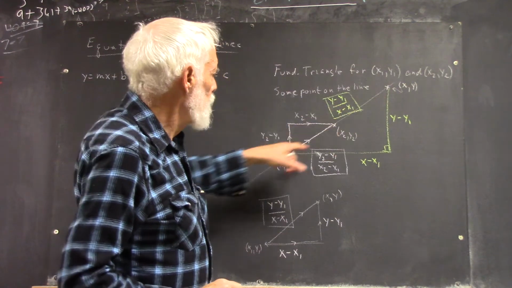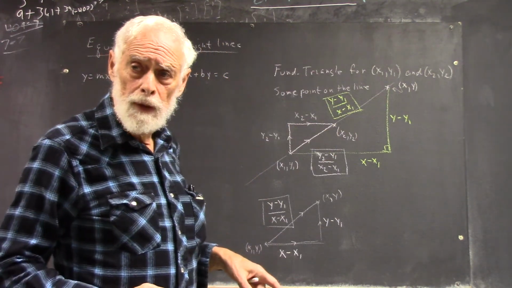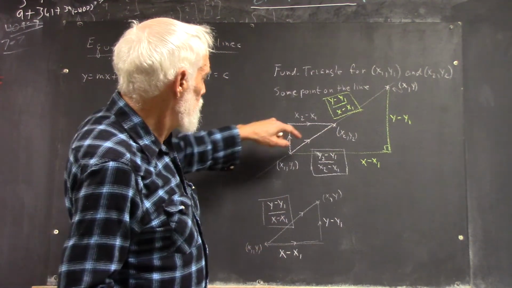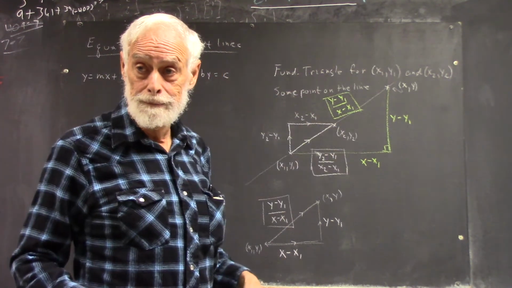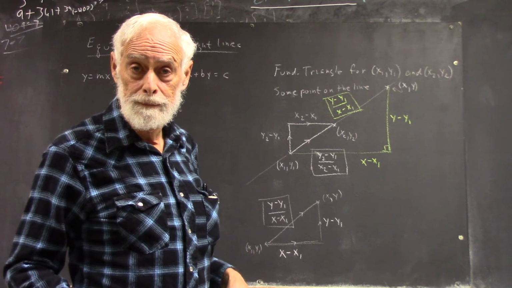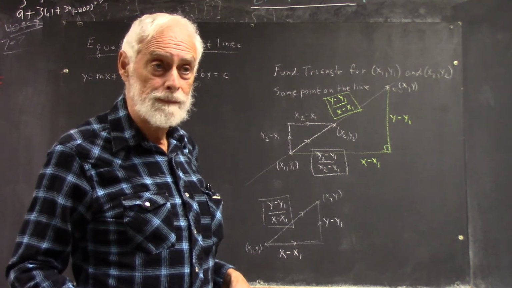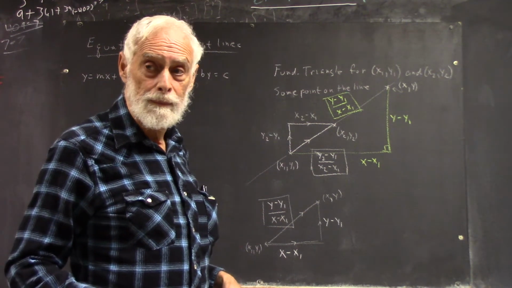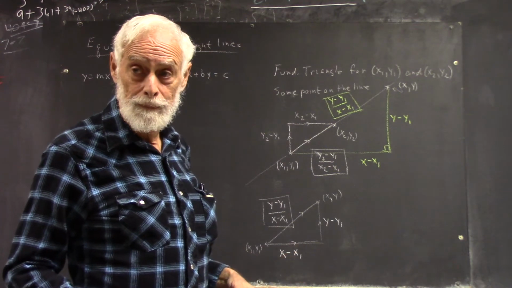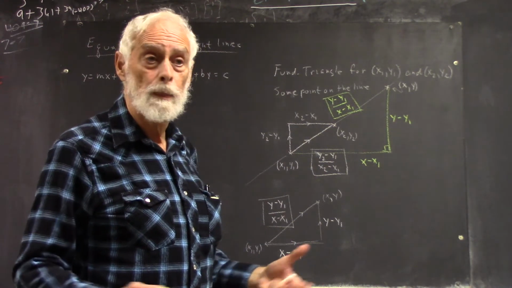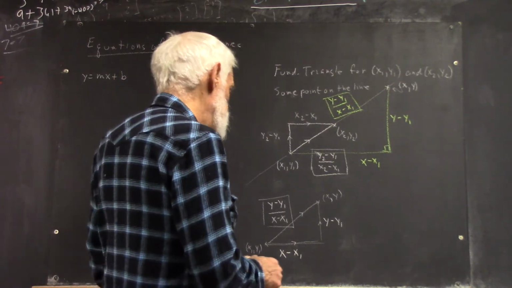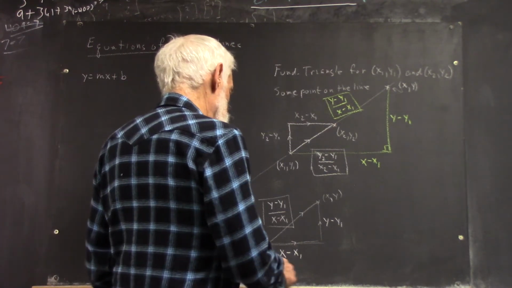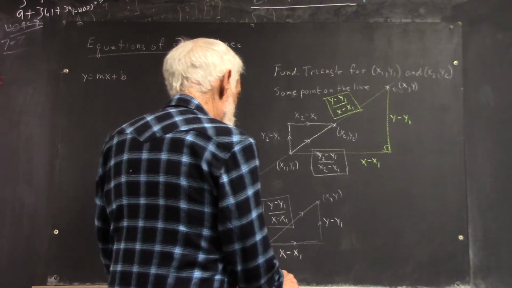If x, y is on the line, then what can you say about the slopes of this triangle and this triangle? It's a straight line. Slope is the same between any 2 points.